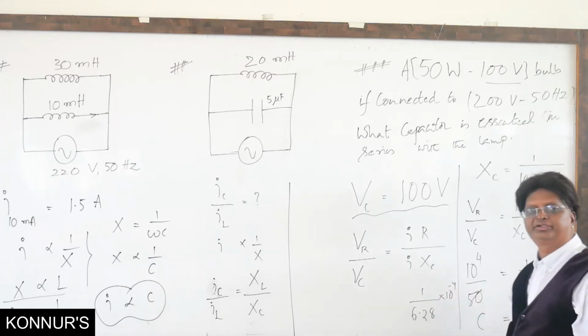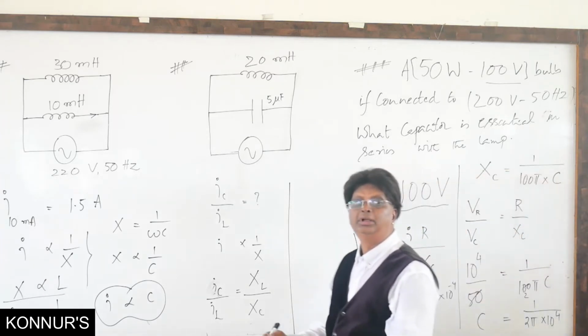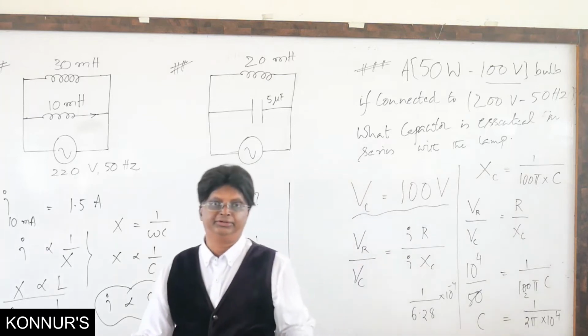So this is 1 by 6, and then writing it in the correct submultiples, that is all.